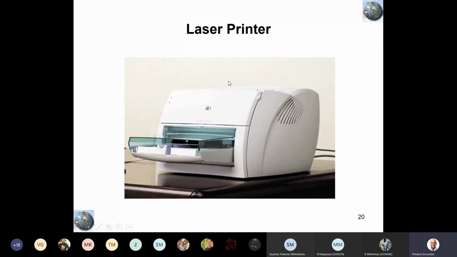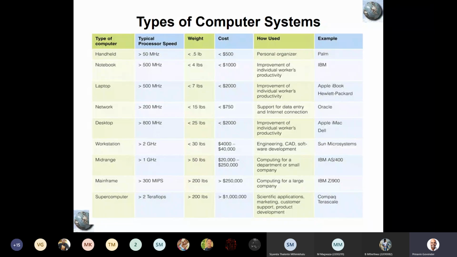Right. So types of computer systems, your handheld, your notebook, your laptop, your network, your desktop. Each one, look at the criteria. When I say criteria, I mean the processing speed, the cost, and how it is used. Our laptop, the speeds are, well, this is megahertz.